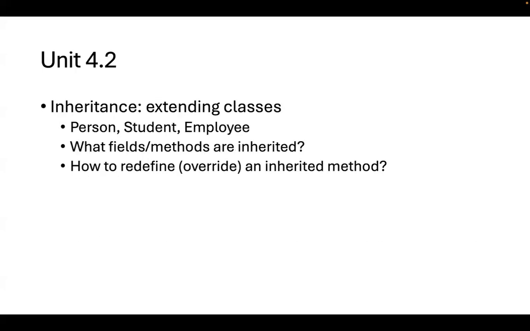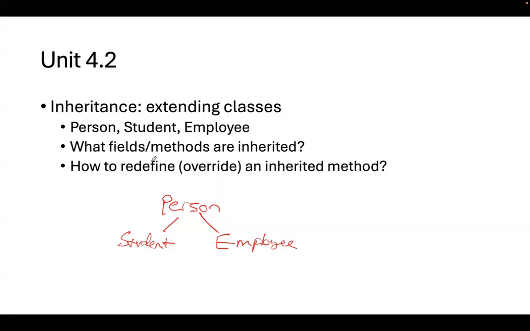We talked about inheritance of extending classes, where if we have a person, student, and employee, let me bring up the drawing again. So we can say that a student is a person and an employee is also a person.